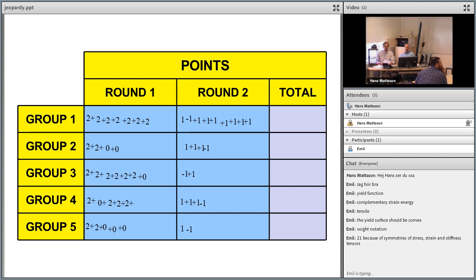How many equations do we have in the three-dimensional case? Group 5, do you have a distinct answer? Correctly. Yes. Very good. And that becomes really many equations, doesn't it? Because we have a lot of nodes. Good.